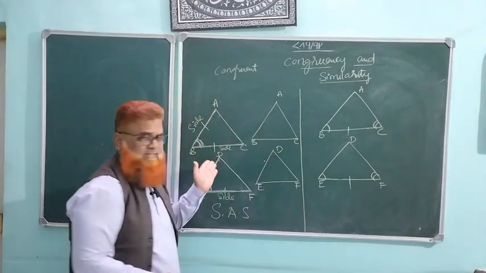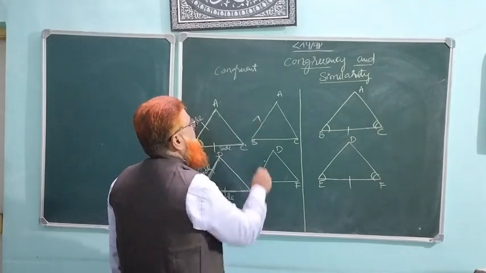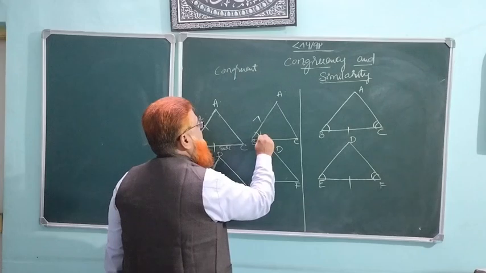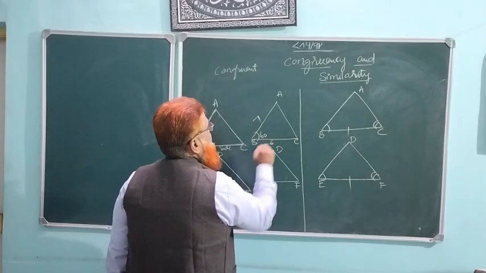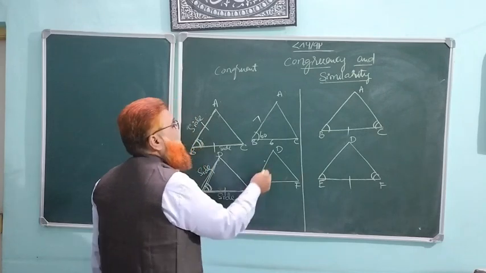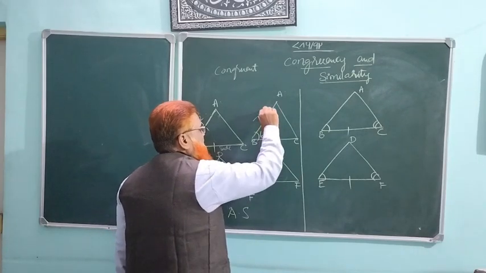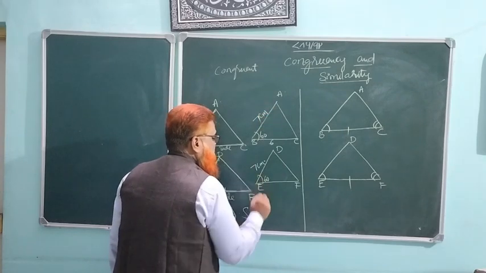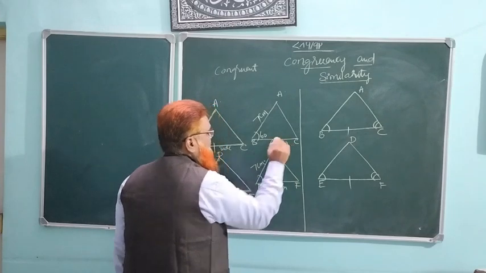ABC is a triangle as I have written here. Let AB be 7 centimeter, angle B is 60 degree and side BC is 6 centimeter. For DEF, side DE is 7 centimeter, angle E is 60 degree and EF is 6 centimeter.